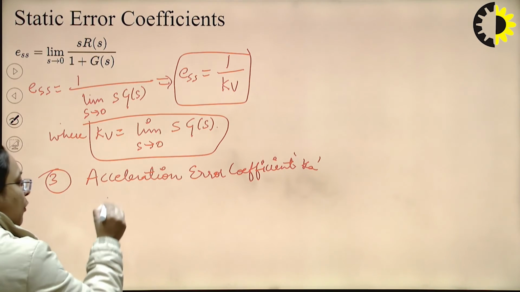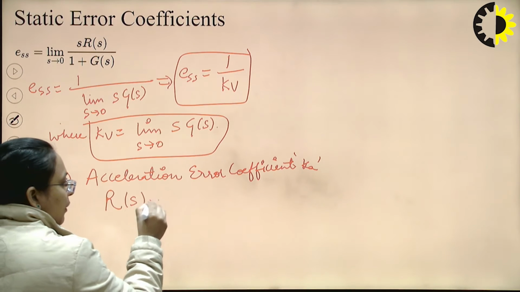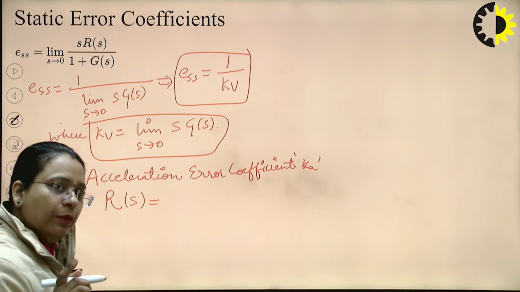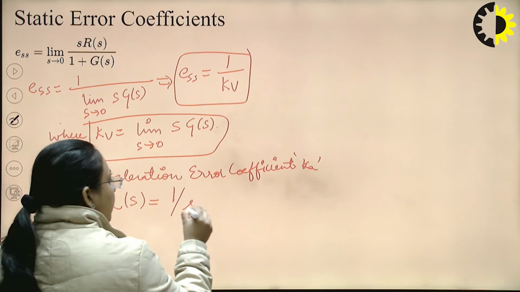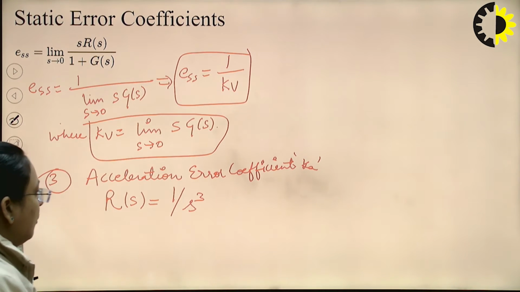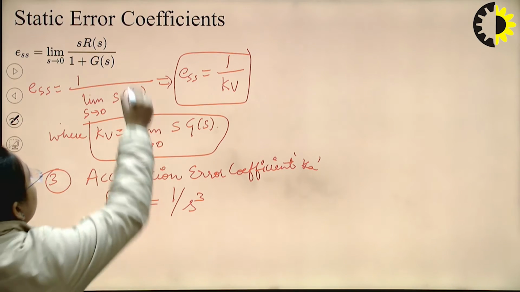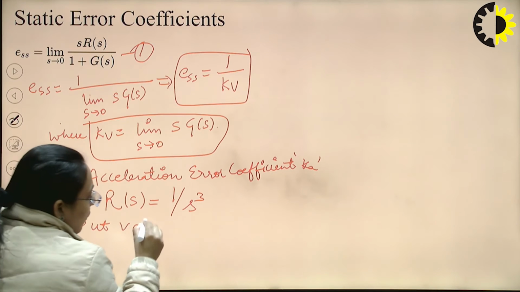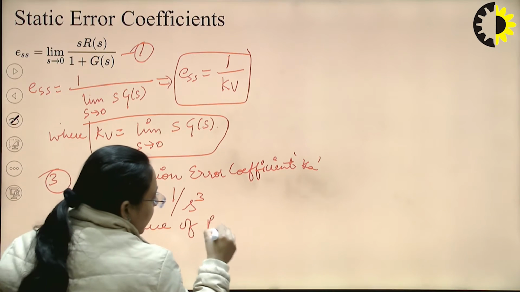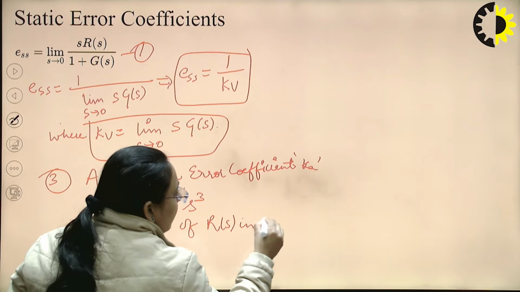So the input here is a unit parabolic function, whose value is 1 by s cube. Now put this value of R(s) in equation number 1.